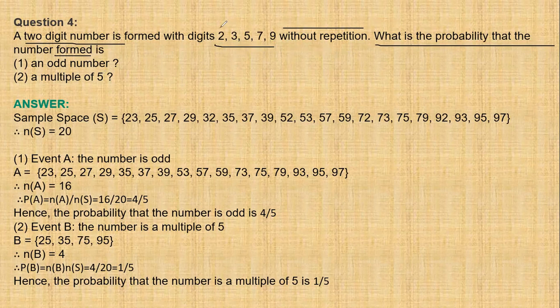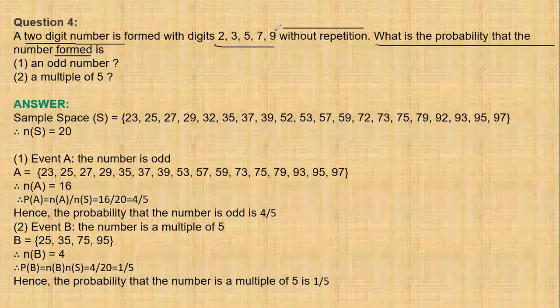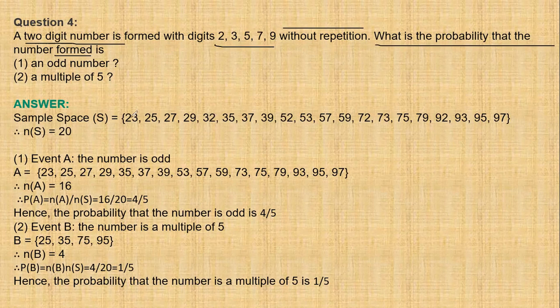Form the numbers then: 23, 25, 27, 29, 32, 35, 37, 39. Then 52, 53, 57, 59, 72, 73, 75, 79, 92, 93, 95, 97. Total 20.